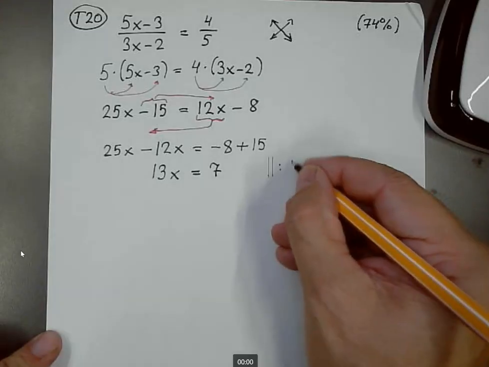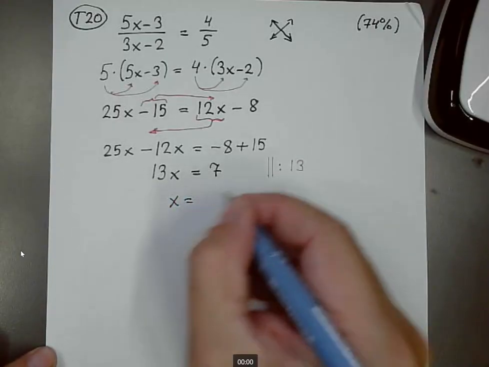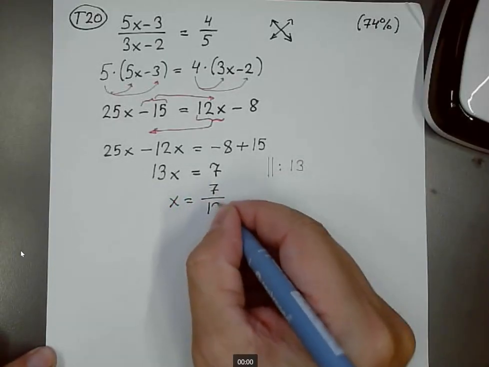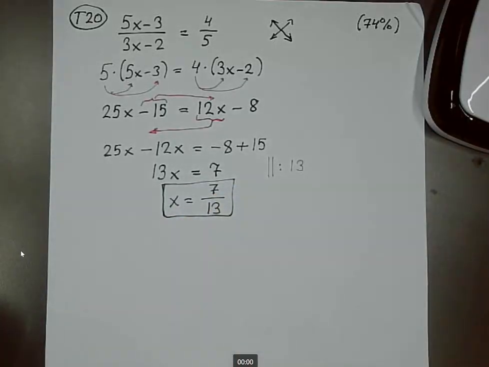So we divide now with 13, and then we get the final answer, 7 divided by 13. This is the answer of this problem.